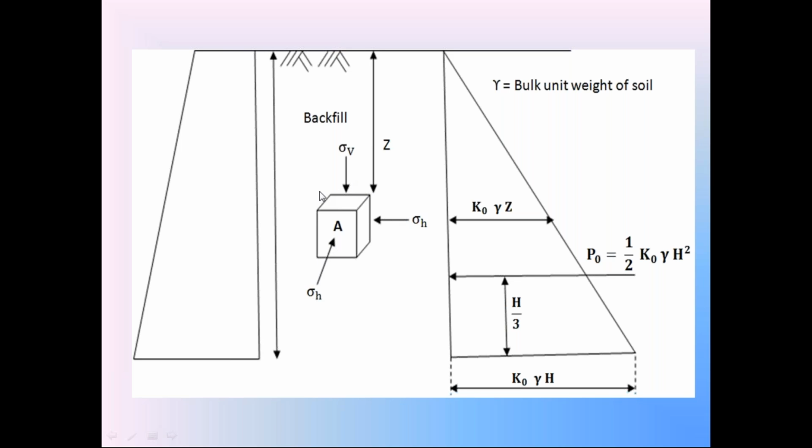Because of these 3 normal stresses, there is a strain in the soil element along the x-axis. Take that strain as EH.